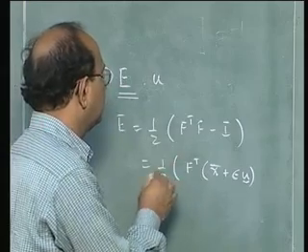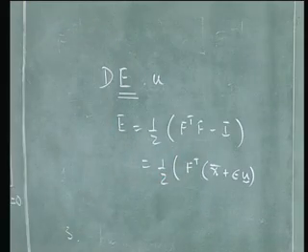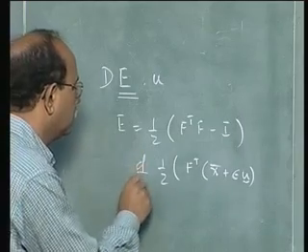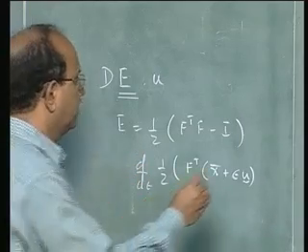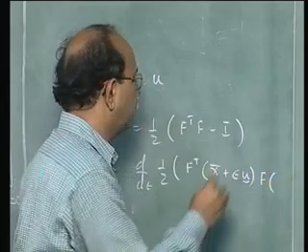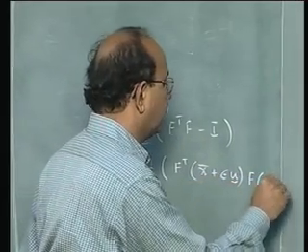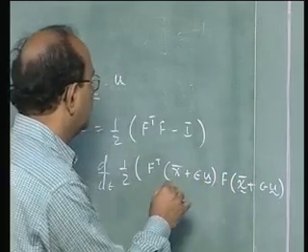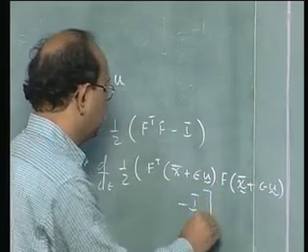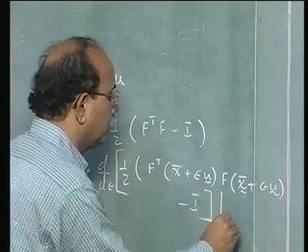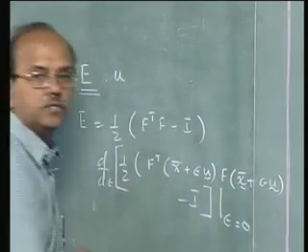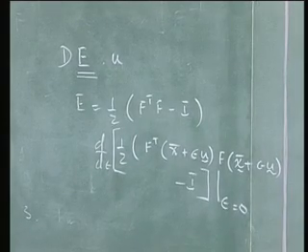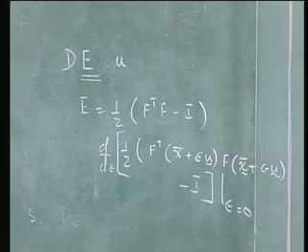and I think I have to define d by d epsilon of F of chi plus epsilon u minus I, the whole thing taken at epsilon equal to 0. So what I have essentially done is to say that we have defined the directional derivative.